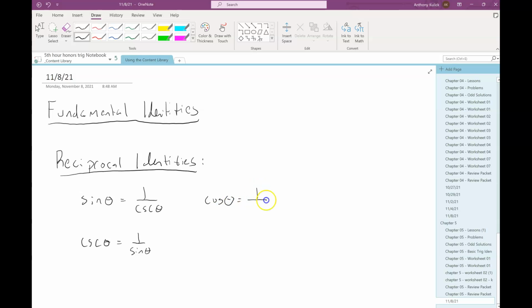Cosine is the reciprocal of secant, or secant is the reciprocal of cosine, or tangent is the reciprocal of cotangent, or cotangent is the reciprocal of tangent.